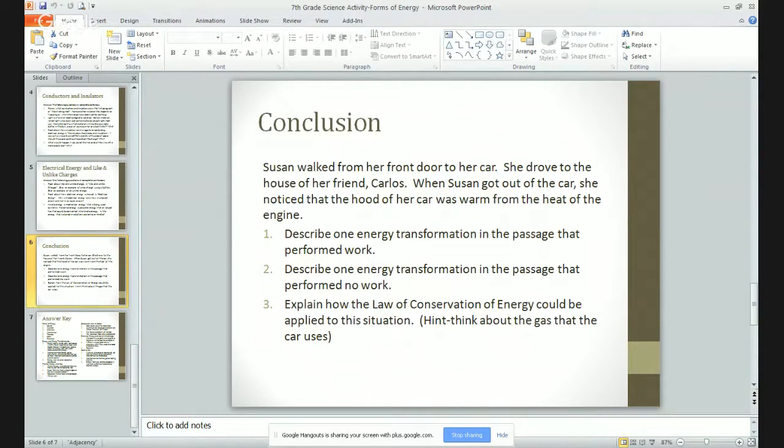So in order to do that, she would have needed to take the energy that she'd eaten, the chemical energy that was stored in her food, and convert that into mechanical energy. Any other description of her moving at all, getting in and out of the car? Any sort of movement, she's taking that chemical energy from her food, converting it into mechanical energy of the movement.